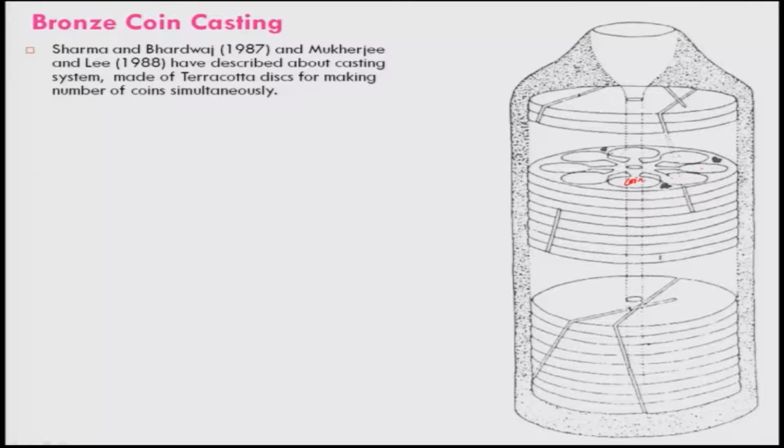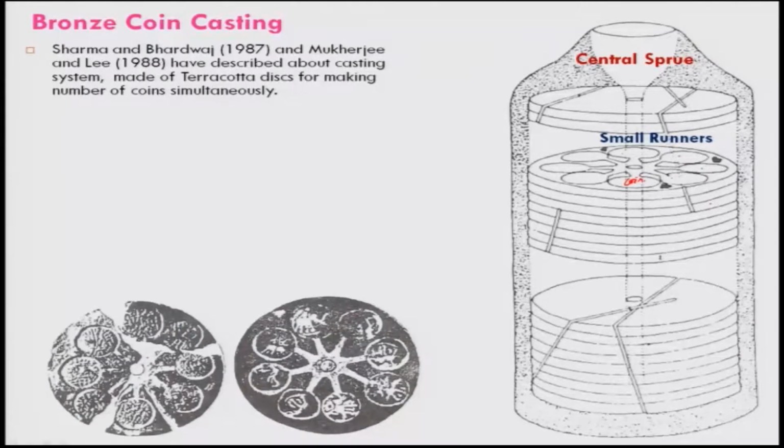The mold is having a central sprue here, the metal will be poured in this and it will be coming through to everywhere, and these are the small runners through which it will go to all these discs. If you look at this, 1, 2, 3, 4, 5, 6, 7, 8, you can get eight in one plate itself.